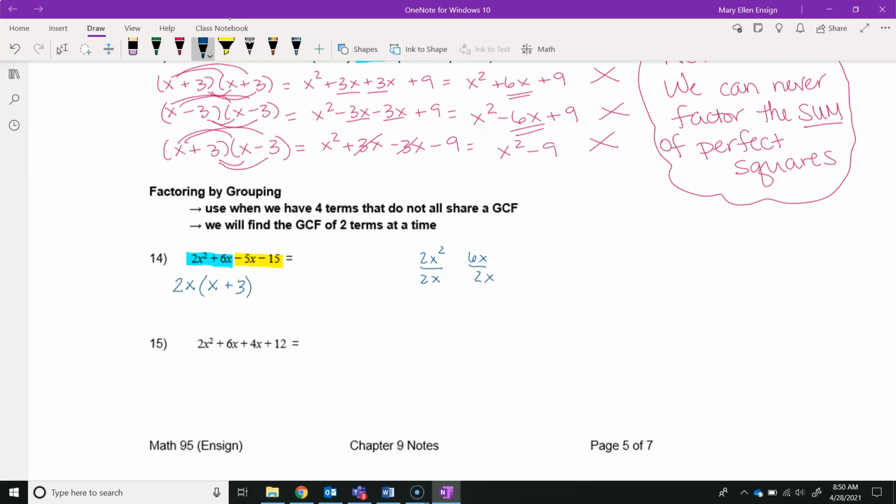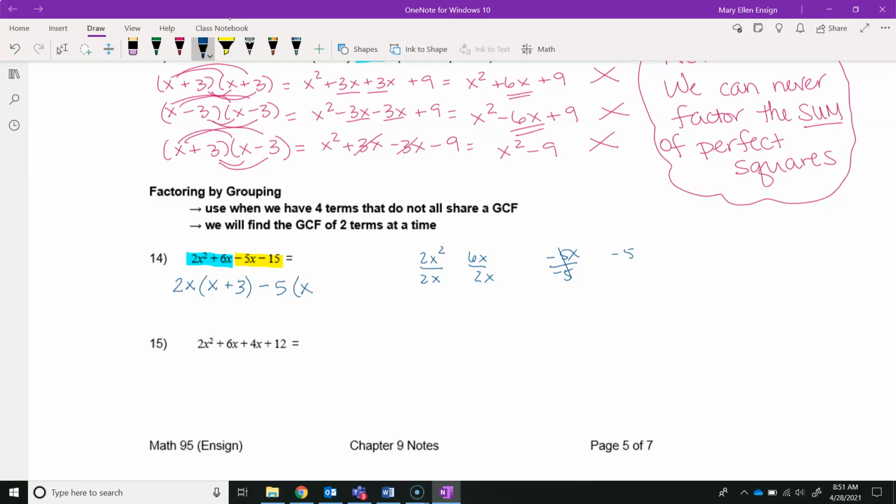Then I'm going to go to the next two. I'm going to forget that the blue ones even exist. I'm just going to look at the yellow ones there. If there's a negative in front of that yellow section, I'm going to bring it down. In other words, I'm going to pull out a negative greatest common factor. So what I can pull out is a 5. And if I have negative 5x and I pull out a negative 5, that just leaves me with x.